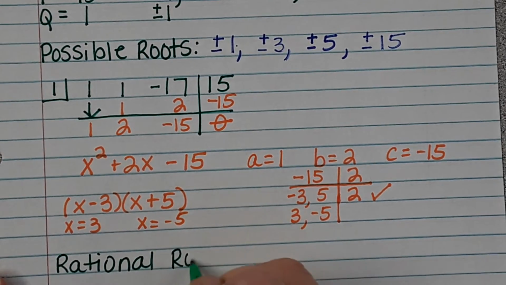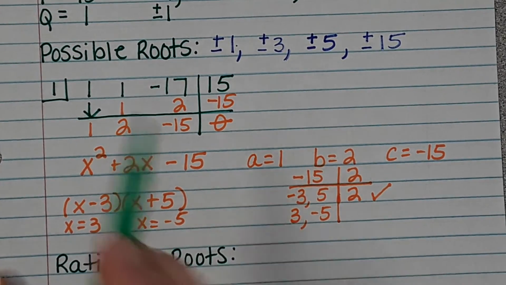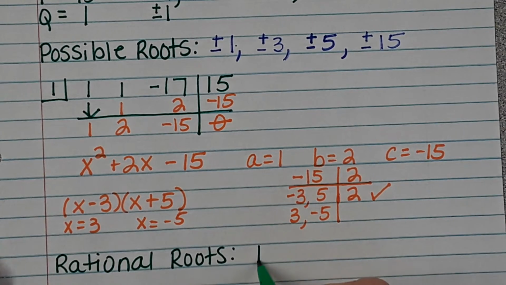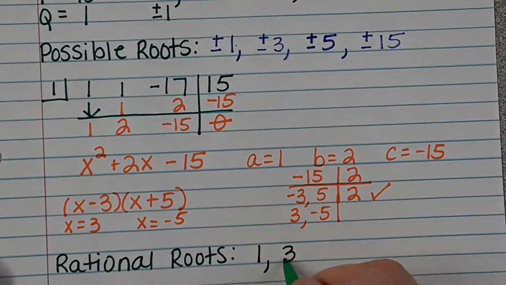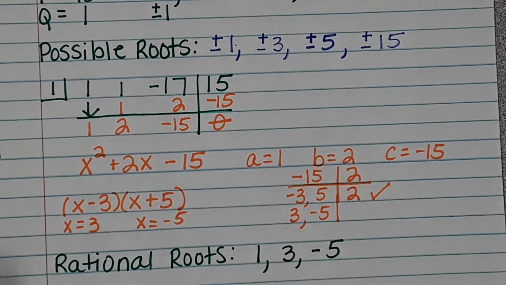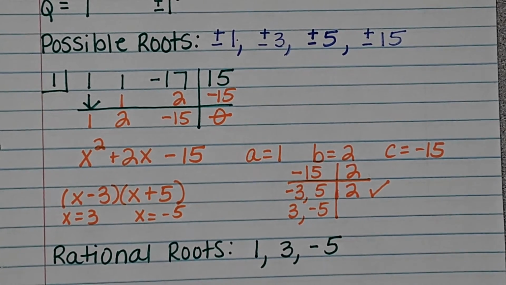Our rational roots are the 1 that we found, the 3, and the negative 5. So our answer for this question is, it says find all the rational roots. This is our answer. We just found all the rational roots.